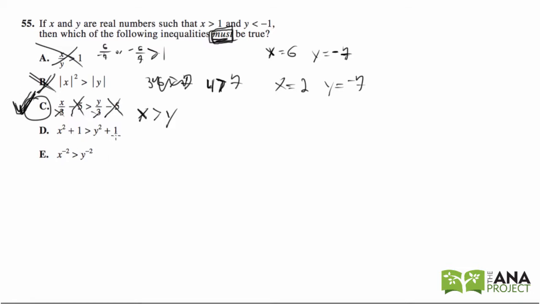Again, see how it says +1, +1? You can simplify it and just say that x squared is greater than y squared. Let's go back to the numbers we picked.